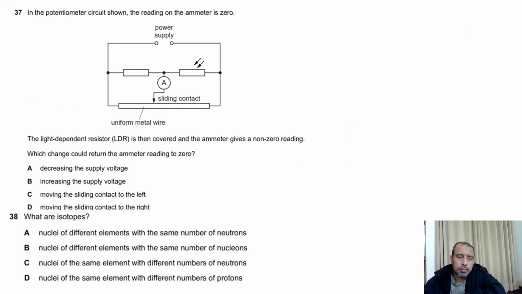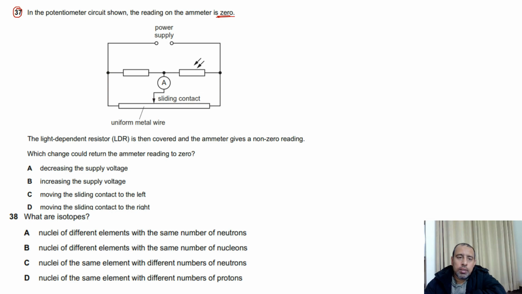Now question number 37. Here we have these two resistors in series, and there is a uniform metal wire offering some resistance, and the contact slide is over here. The LDR is then covered and the ammeter gives a non-zero reading, because initially it was showing 0.